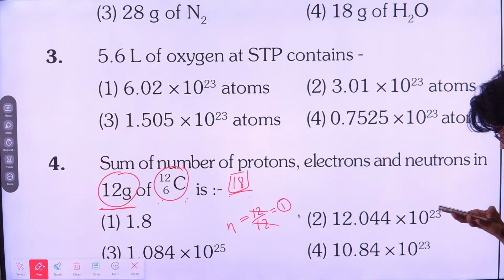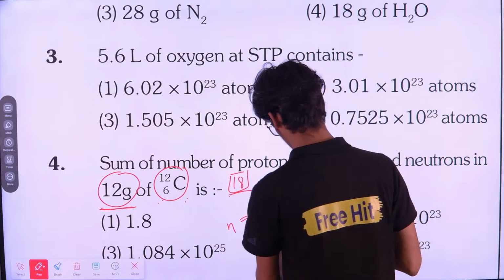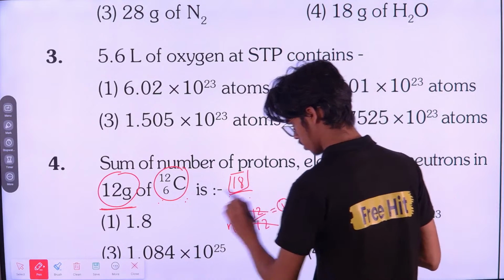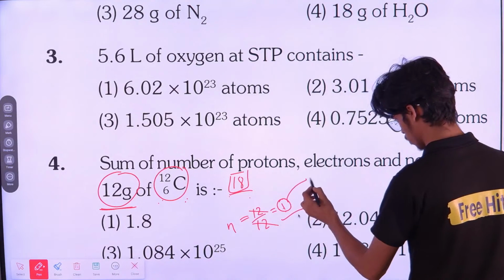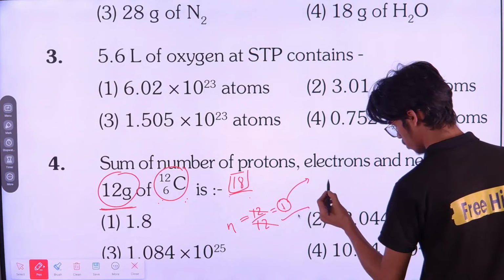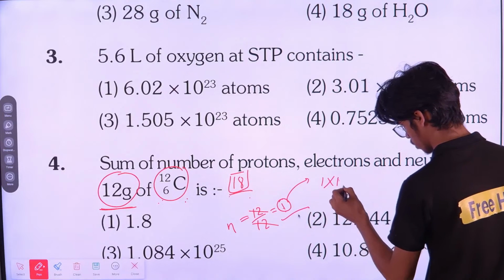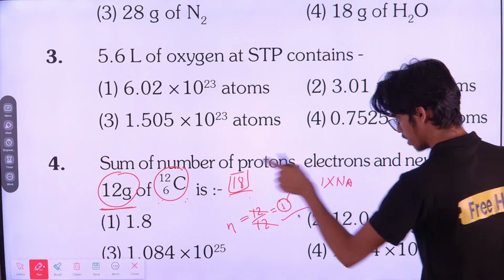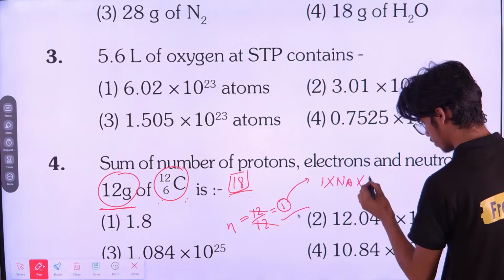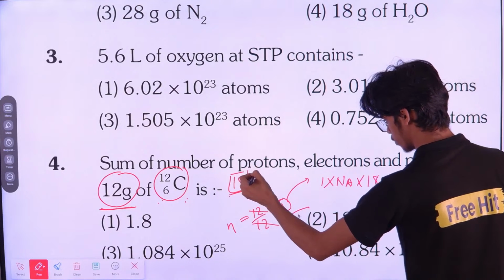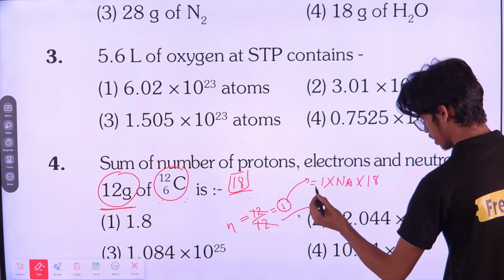Wait, 12, 18, good. So we have one number of mole. Yes, we are right with one number of mole. One mole contains Avogadro number of carbon particles. Good. Okay, and every carbon particle is containing 18 elements of proton, electron and neutron, and this should be the answer.